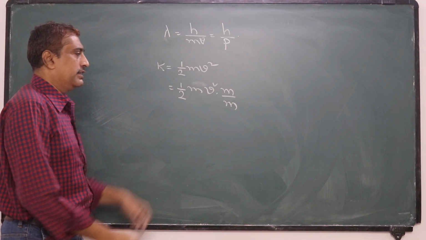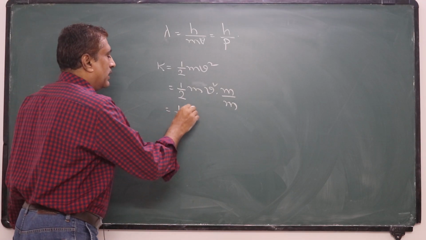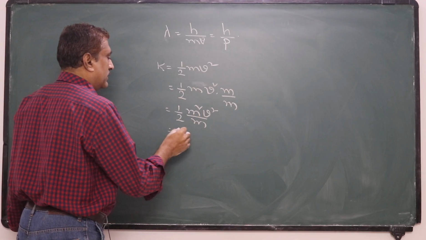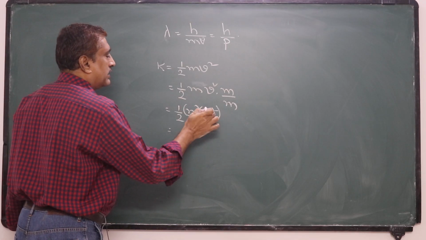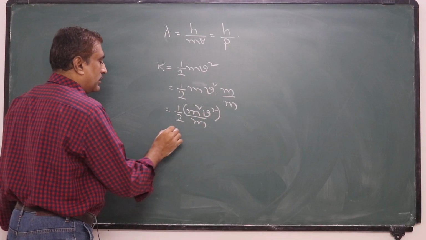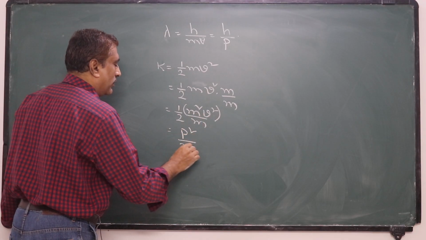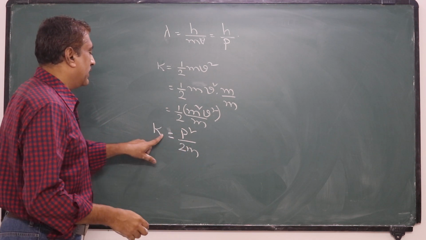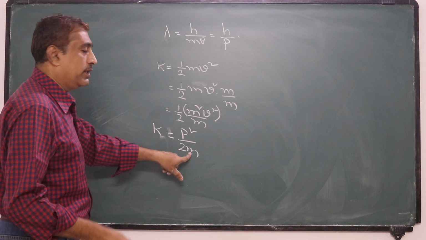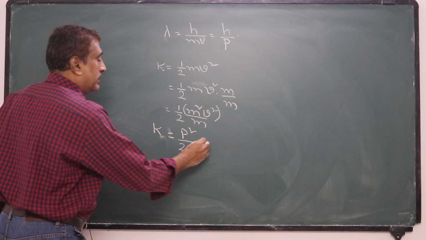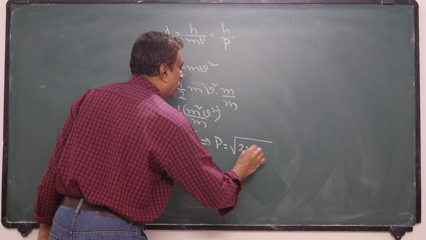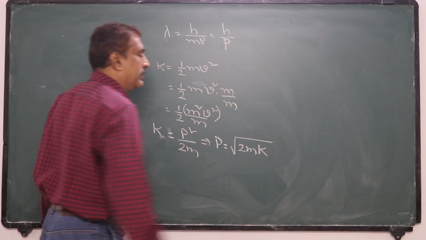You can write it like this: half m square v square by m, but m square v square is nothing but the square of momentum. So kinetic energy K is equal to p square by 2m. This implies p is equal to square root of 2m into K, the kinetic energy.